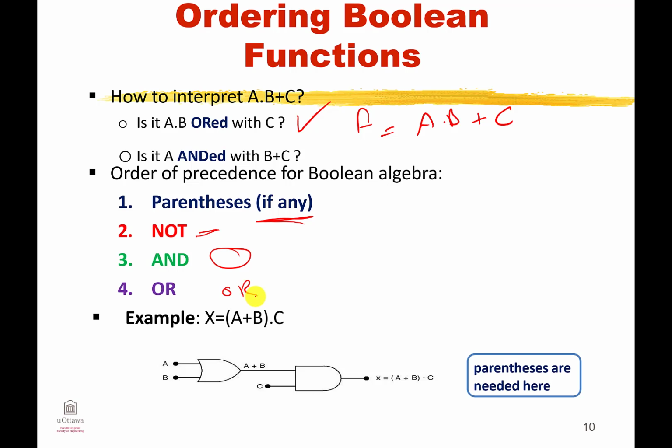Okay, guys. So if I have a plus b dot c, here I should apply the priority, and the first thing to draw is the OR gate between input A and input B. Then after that, both of them are ANDed with C. Okay, so the parentheses are needed to represent this Boolean function.